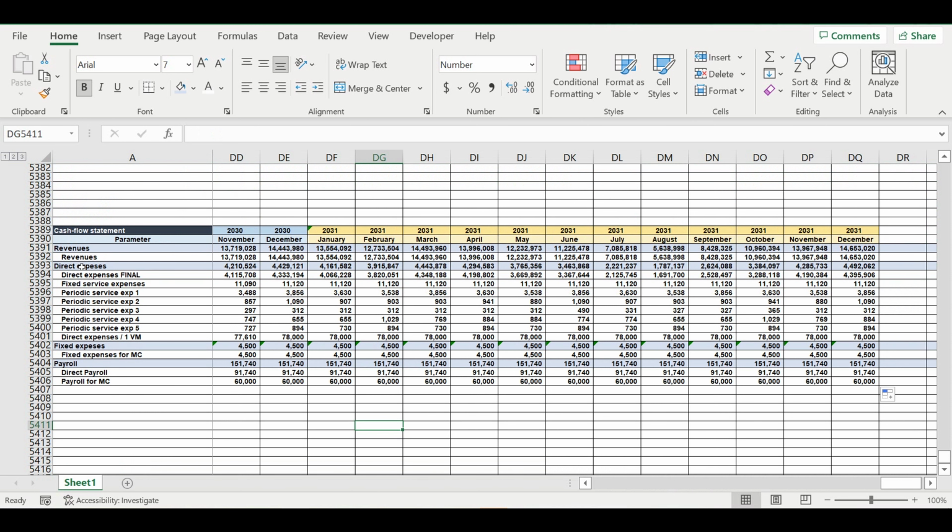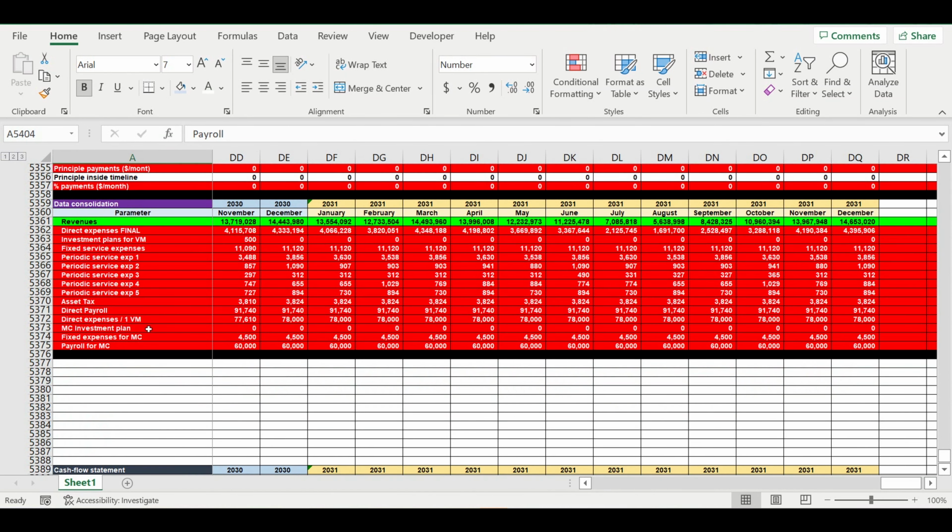So here we have revenues minus direct expenses minus fixed minus payroll.